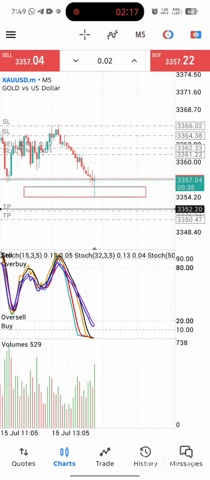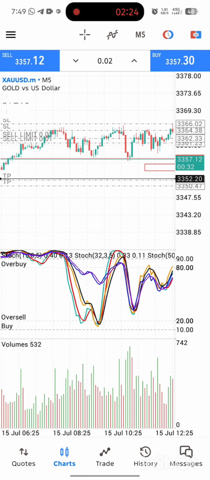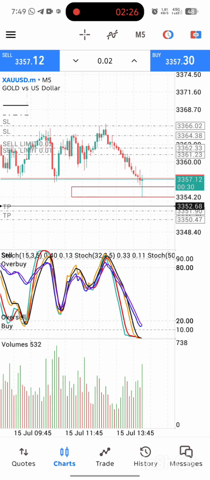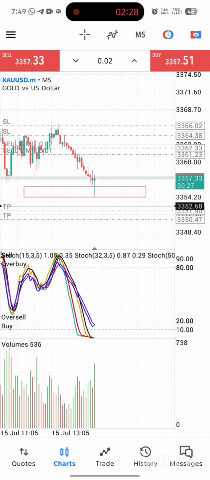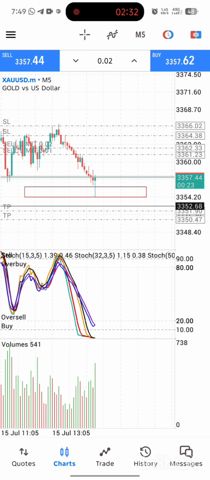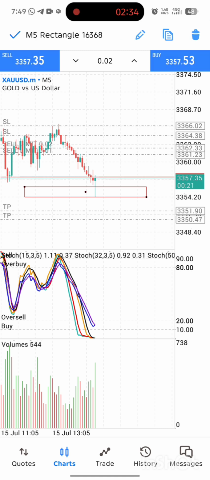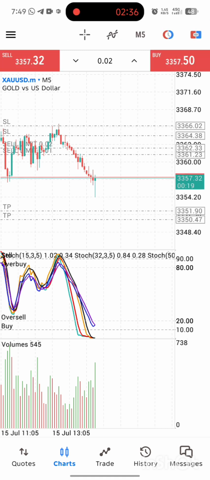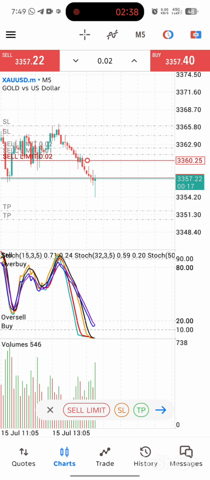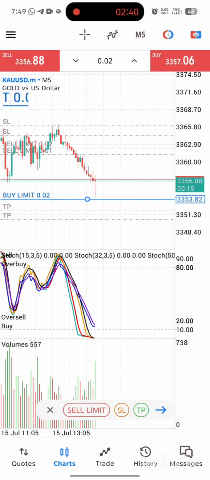Now, as for the buy position, if I take a look over here, the price is currently at 3357. So we're looking for 3353. Looking at the 3353 and 3353.5.